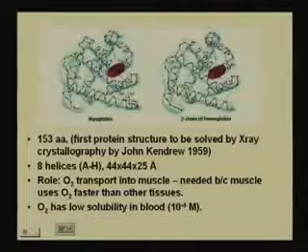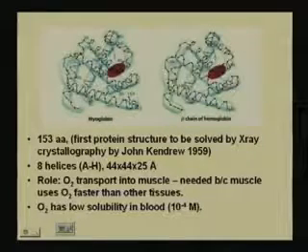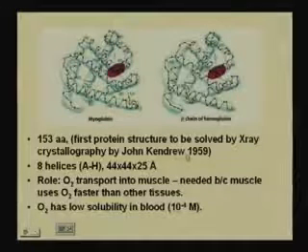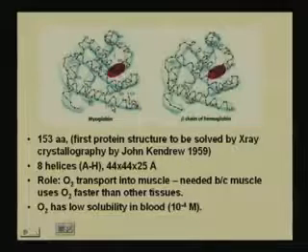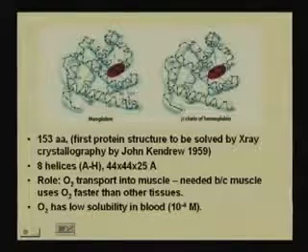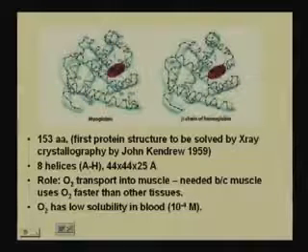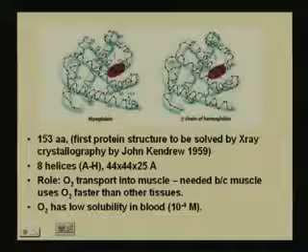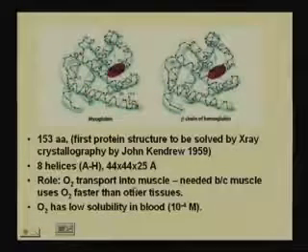If we look at myoglobin, it is the first protein structure to be solved by X-ray crystallography, by John Kendrew in 1959. This was followed by hemoglobin and then ribonuclease A. So myoglobin is a single polypeptide chain, and its role is oxygen transport into the muscle.